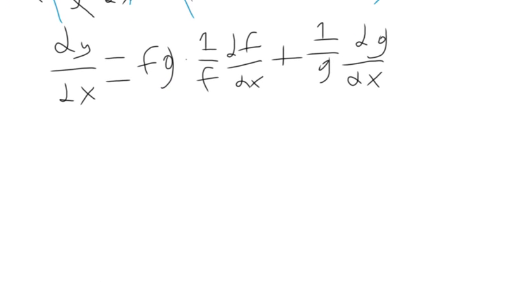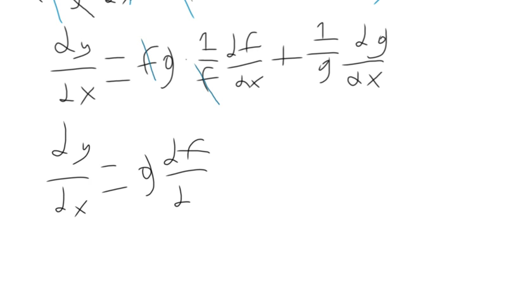Now we can clean things up slightly. We have dy dx equals, now on the first term here, the f's cancel, and we're left with g times df dx. And in the second term, I forgot to write it down, there should be an fg in the front here.